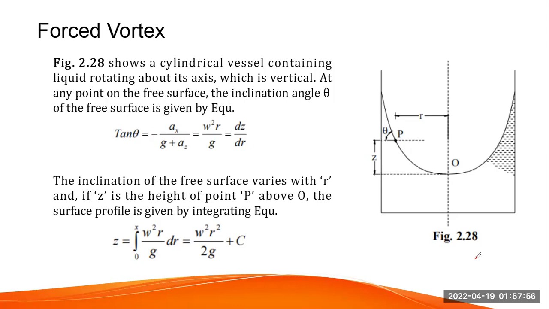At any point on the free surface, the inclination angle theta of the free surface is given by the equation tan theta is equals to negative acceleration with respect to x-axis over gravity plus acceleration with respect sa z-axis, or omega squared times radius over gravity, or dz over dr. The inclination of the free surface varies with the radius.